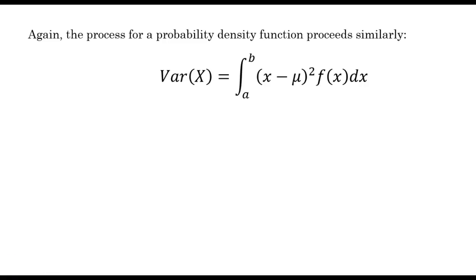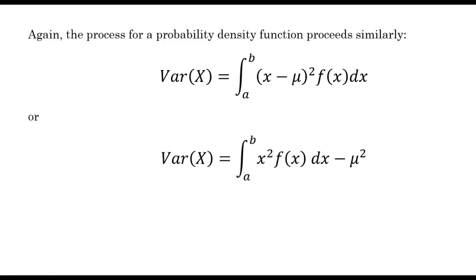To make this relevant to our probability density functions, again, I've got an infinite number of tasks to do there, which I get around by integrating. So the variance of my continuous PDF is the integral from a to b of x minus mu squared multiplied by the function of x. I'm not going to do it this way, because I end up with a slightly messier function to integrate, and integrating is often a tricky part of this process.